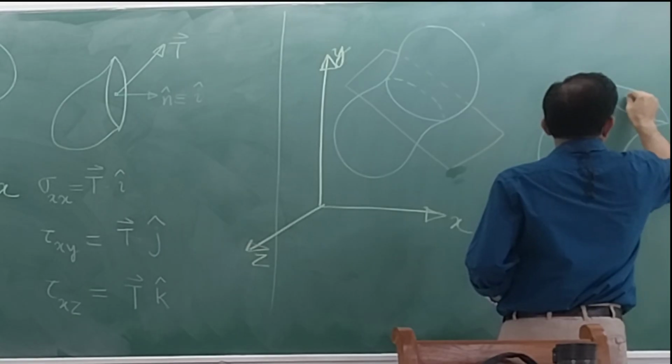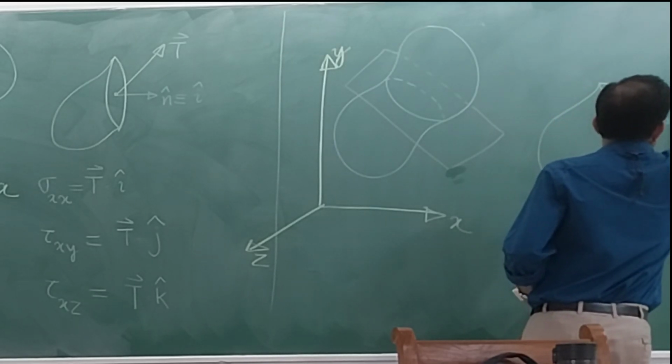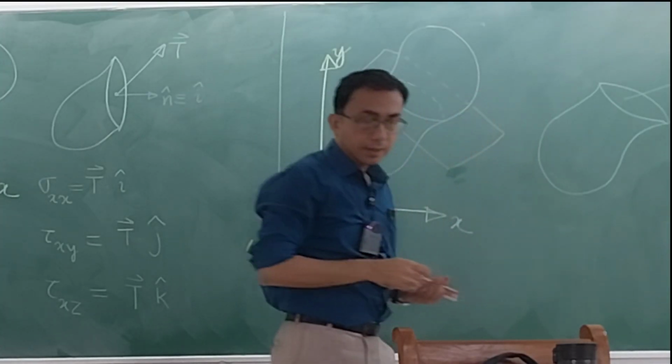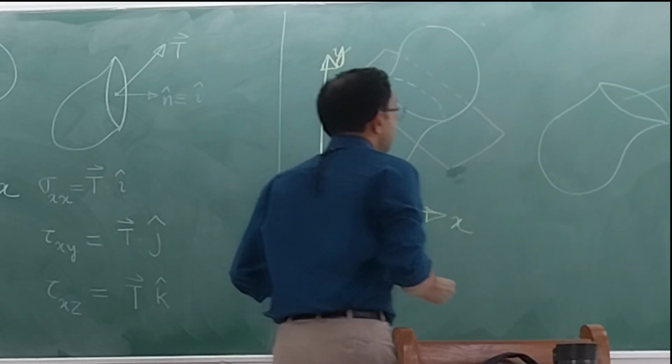So let's say that this is my traction vector and my unit outward normal is something like this.